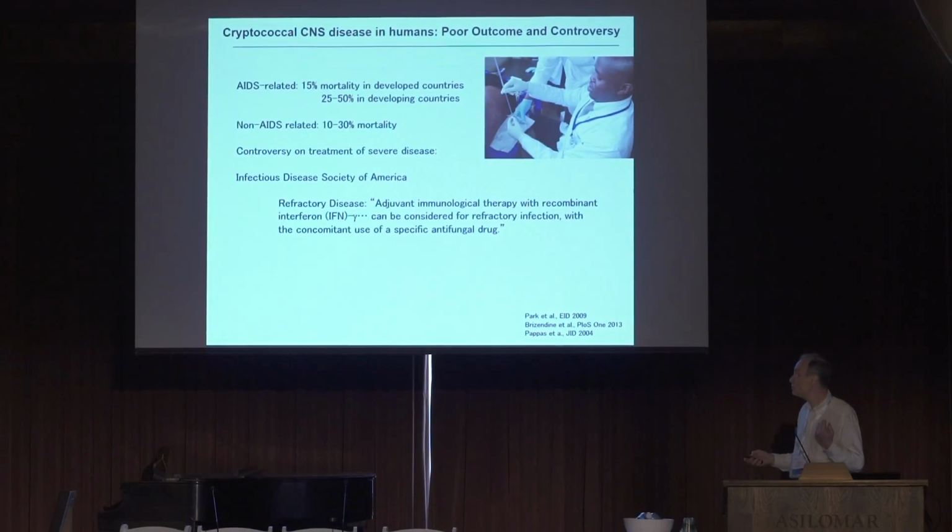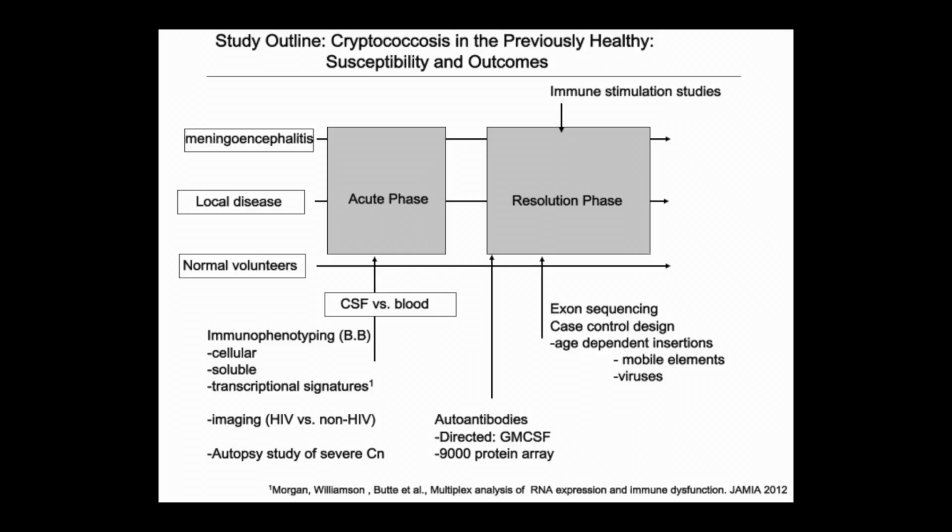So we started our study looking at a series of non-HIV cryptococcal patients. These are previously healthy patients. Of those 3,000 cases a year that we still see in the United States, probably about 1,000 or 1,500 are in patients without any previous illness. I think we've all seen these.